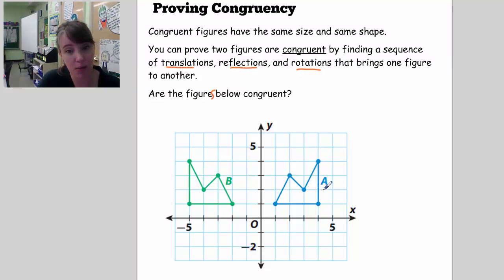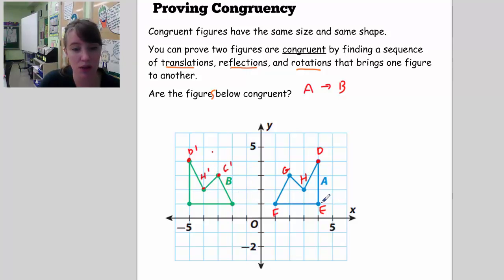So let's see. Let's try to find a way to go from figure A to figure B, and let's actually label this D. Okay, E, F, G, H. So this would be D prime, if this were indeed the pre-image and the image. So we can say that this would be H prime, this would be G prime.